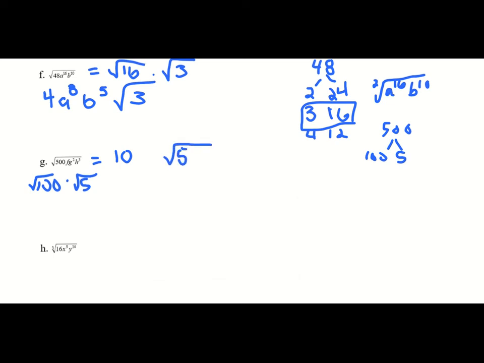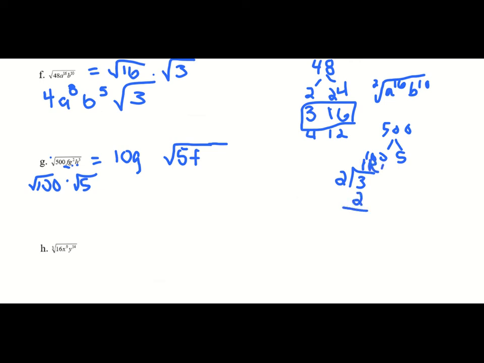Now let's look at our variables. We have an f here. It's the only variable. It has an exponent of 1, the only f, so we can't do anything with it. I'm going to just rewrite it under the radical. I have g to the 2nd power. If I divide 2 into 2, I get 1 whole number, so I can pull out 1 pair of g's. And then h to the 3rd power. If I divide 2 into 3, it goes in 1 whole time, and you have a remainder of 1.